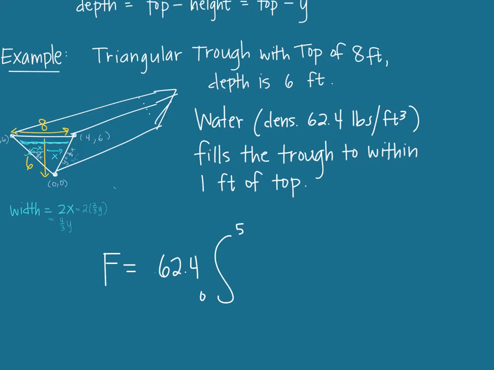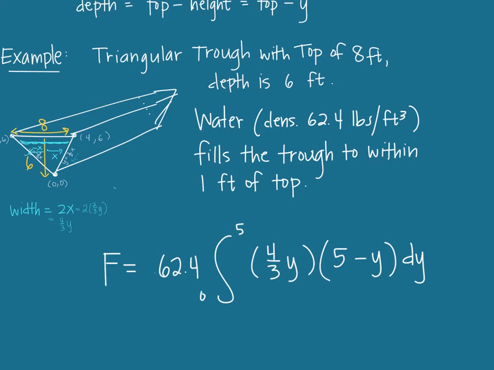Then we need the cross-sectional width, which we just came up with, is 4/3 y. And then we need the top of the fluid, which we decided was 5 minus the variable y, the height, dy.